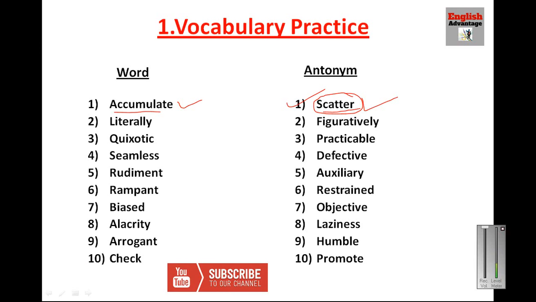So now let us look at the second word, literally. Literally means when you are indicating the dictionary meaning of some word, the exact meaning of that word. At the same time, figurative meaning means the meaning in context. Suppose I say that he has got a big heart. This is the figurative meaning. Big heart doesn't necessarily mean that he has a physically big heart.